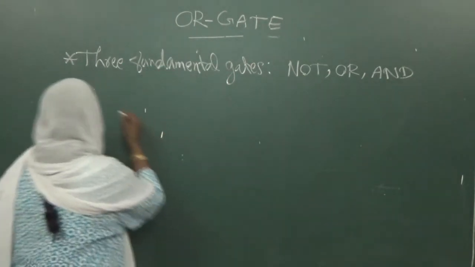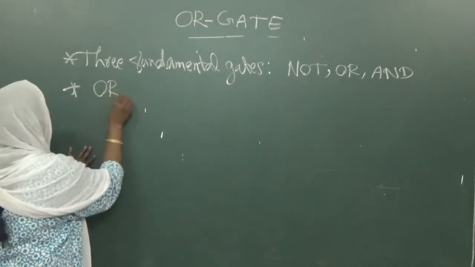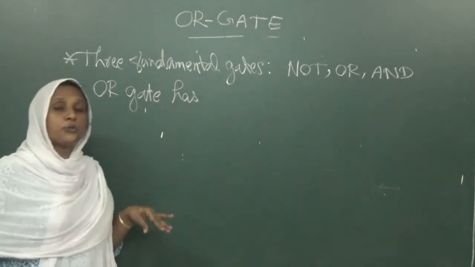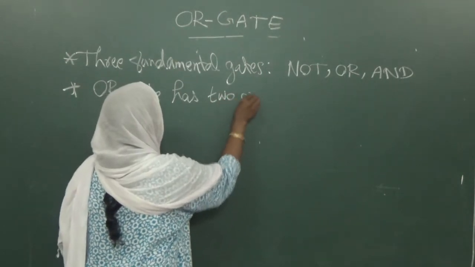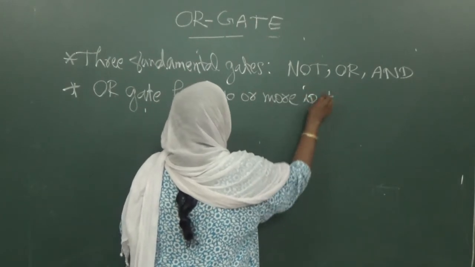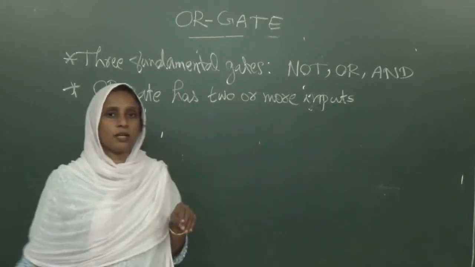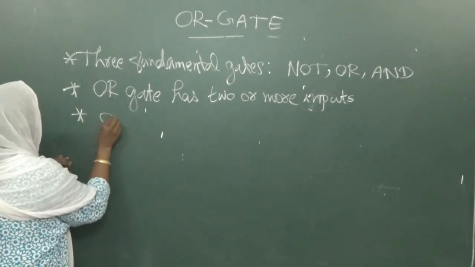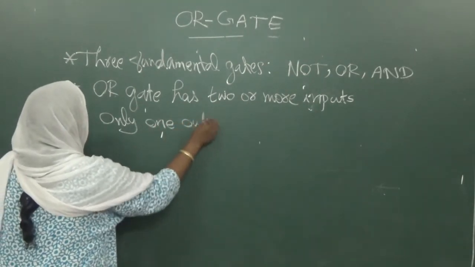So, the first point about this OR gate is that OR gate has two or more inputs, and only one output.